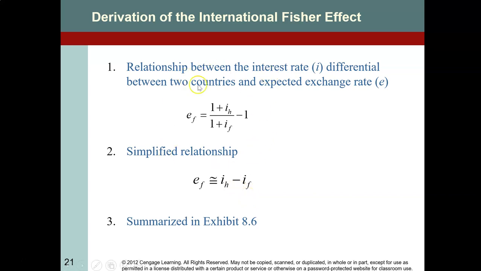This looks very similar to purchasing power parity. It's just that in purchasing power parity, the expected exchange rate equals the inflation rate of the home country minus the inflation rate of the foreign country. Here, we change the inflation rate to the interest rate.